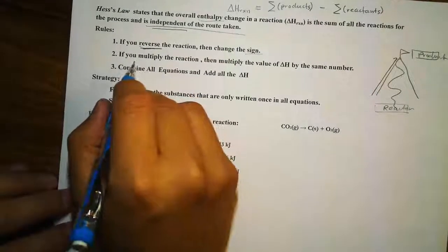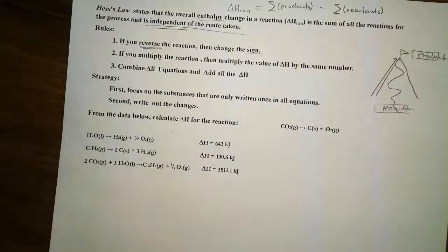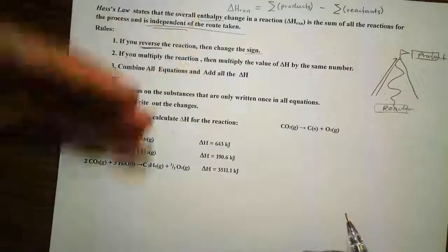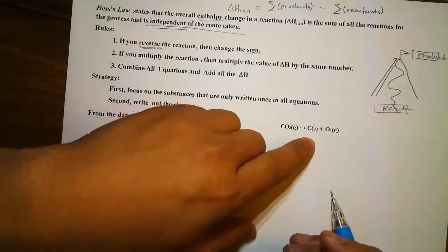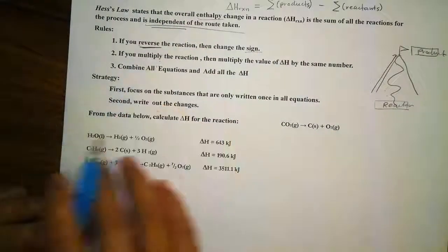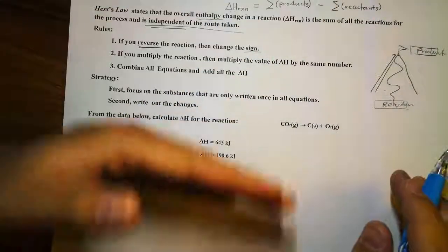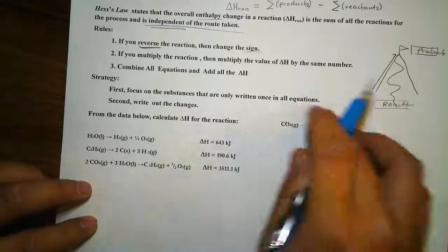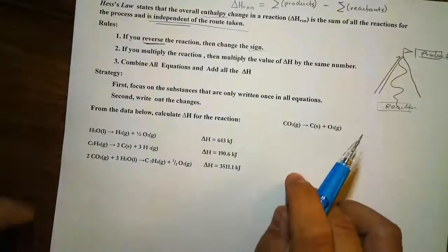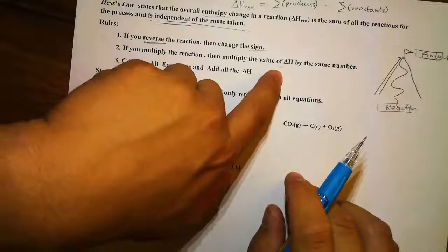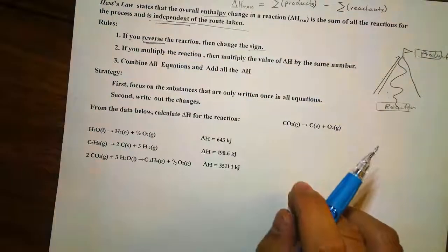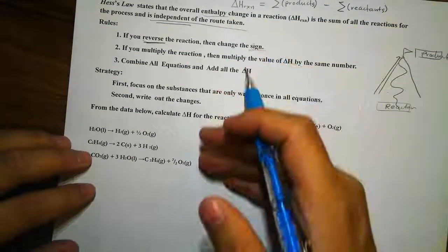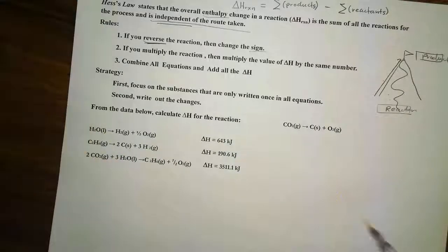The other part is that if you multiply the reaction, that means you change the coefficient to match the overall equation, then you have to multiply the value of delta H by the same number. And lastly, you just combine all of them together with the new delta H values.